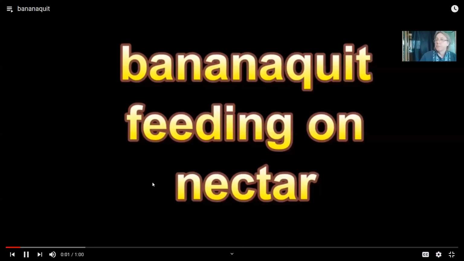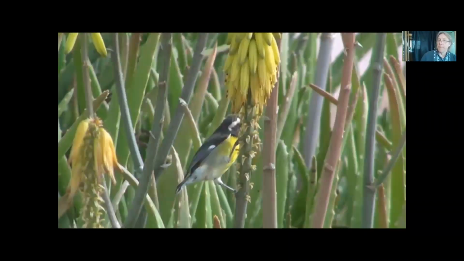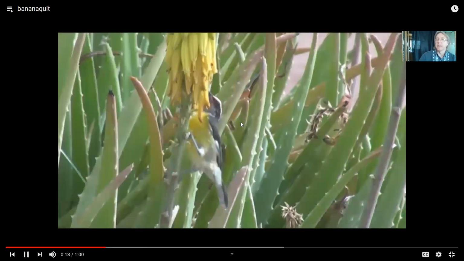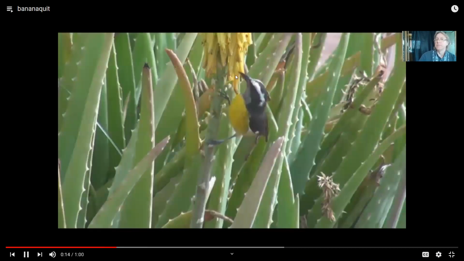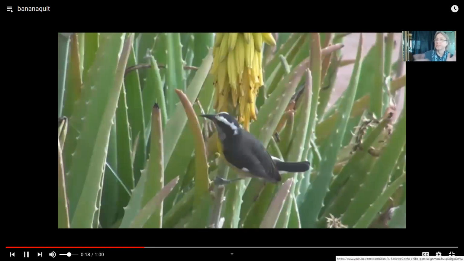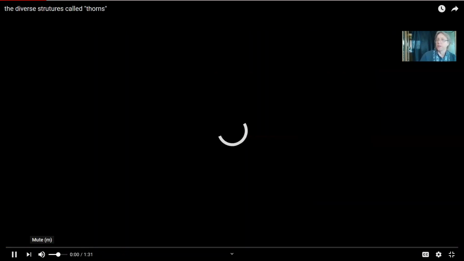There are some flowering plants which attract moths in that they only bloom at night. Some attract bats. Others are pollinated by birds. As seen here is a bananaquit, a type of bird which is pollinating flowers. So once again, plants can vary in how they are attracting their animal pollinators.